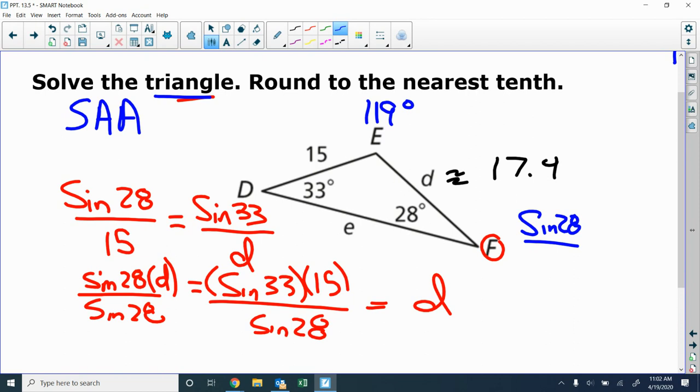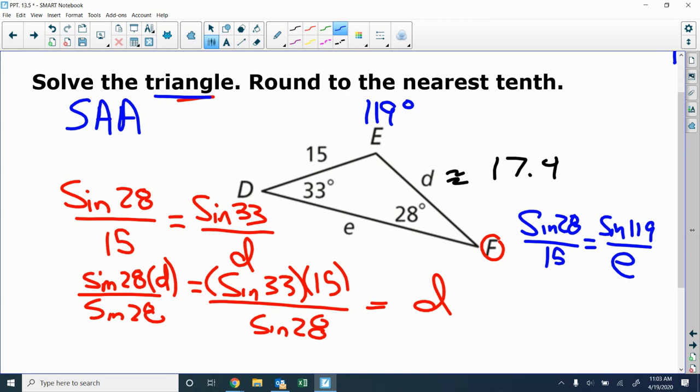Okay, sine of 28 over 15 is equal to the sine of 119 over side E, which we don't know. So it's going to be very similar to the previous one. Okay, we will cross multiply.